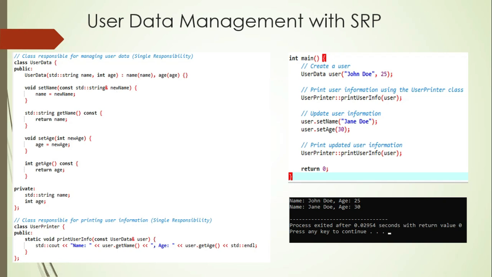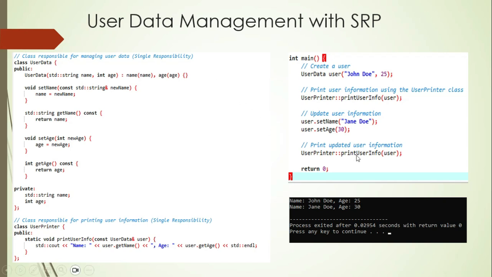You can take any name here like ABC or XYZ, and it will come to the name now. So the name is changed from John Doe to Jane Doe, and the age is set to 30. This means it is updated from 25 to 30.